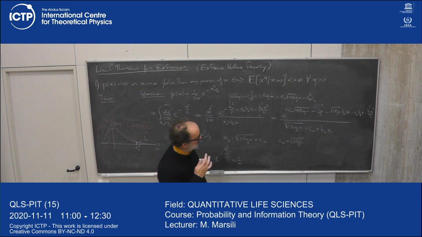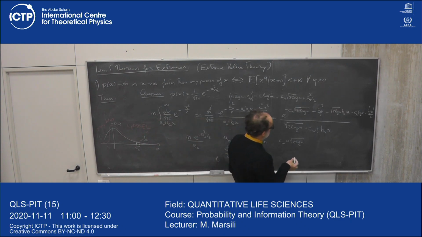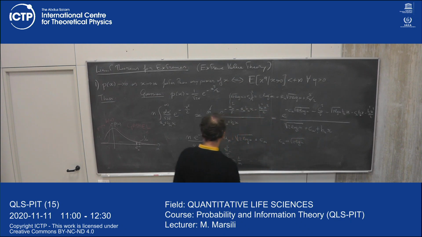Now, the next problem is that if I want to make this limit finite, then the Cn here should be such that it cancels this behavior. So assume that these two terms are small compared to this.